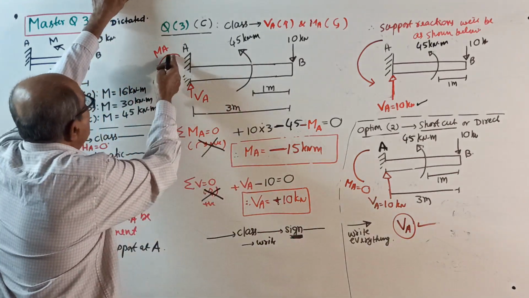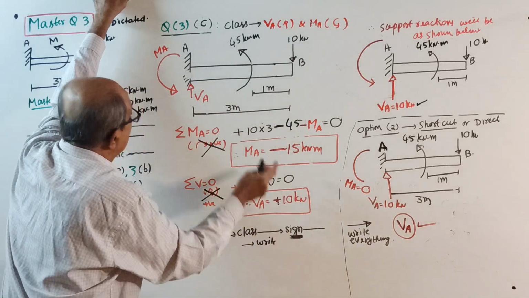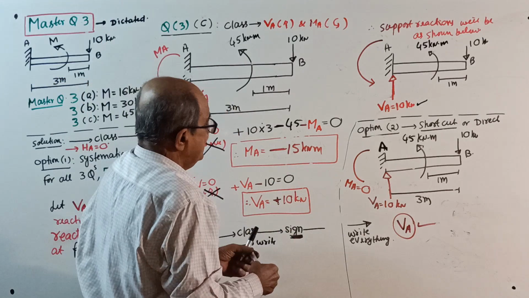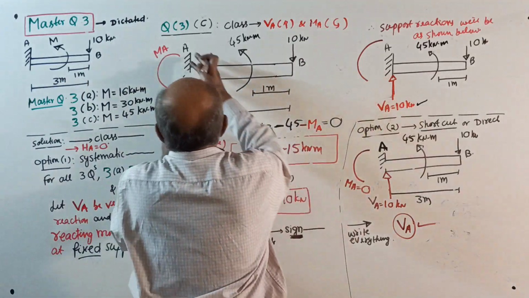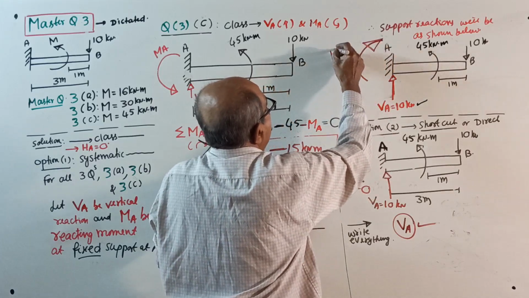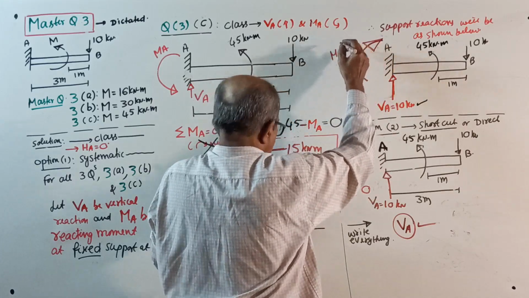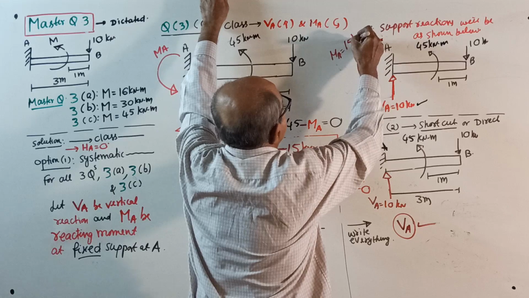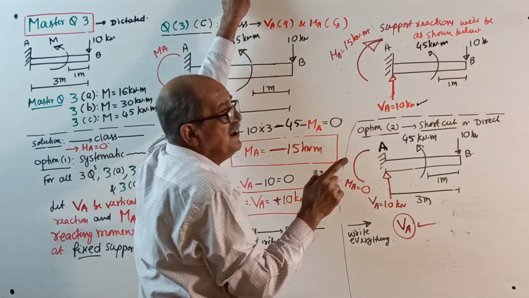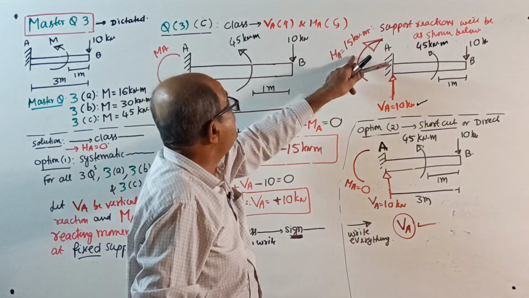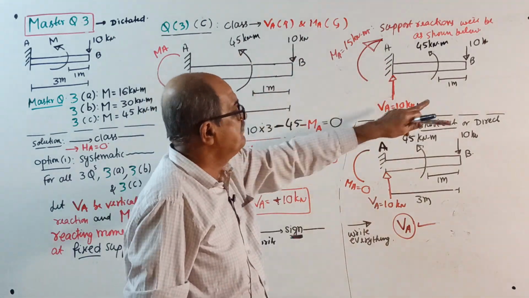Means what direction you considered is wrong. The real MA is not anti-clockwise. It is clockwise direction, MA equal to 15 kilonewton meter. No minus now. You should not write minus sign. Some people make a blunder by writing minus 15. That is nonsense. 15 kilonewton meter is the final answer.